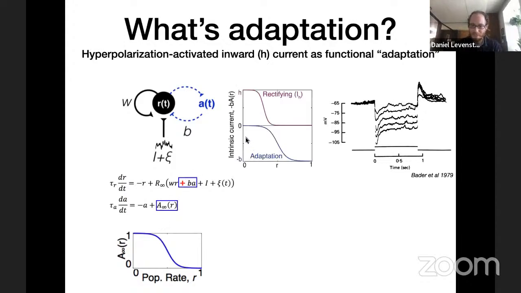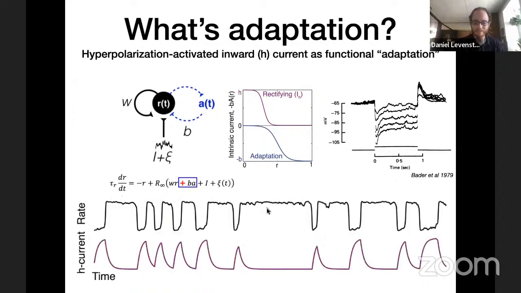So instead of having something that at high input inhibits the network, we have something that is inactive at high input, but at low rate activates the network. So these can effectively act as the same thing, even though one is an excitatory current, one's inhibitory. And with this rectifying current, we can also produce excitable up dynamics, just like we see in the model.